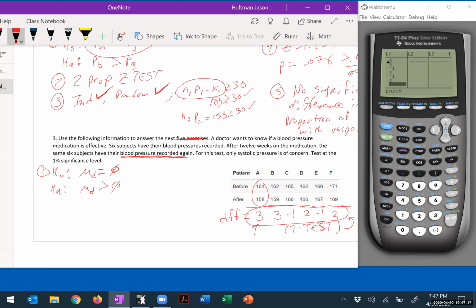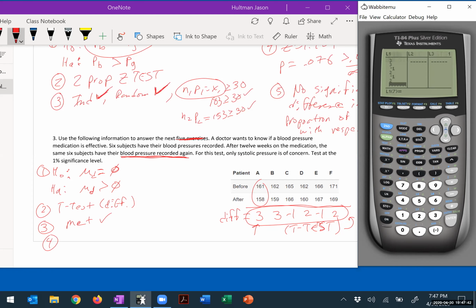So what are we going to do here? We're going to do a t-test, but a t-test on the differences. Number 3: we're going to assume that all conditions are met. Number 4, we're going to actually run these values.